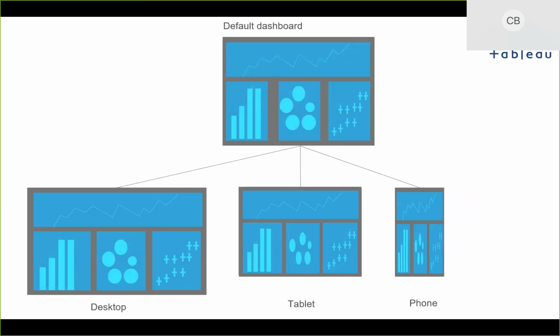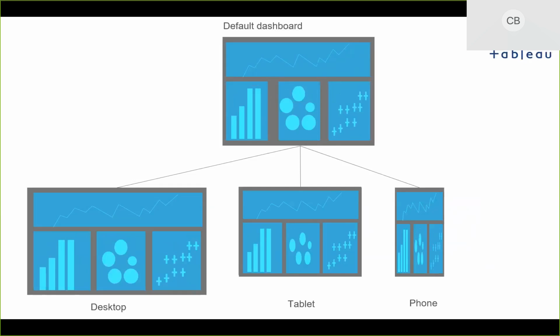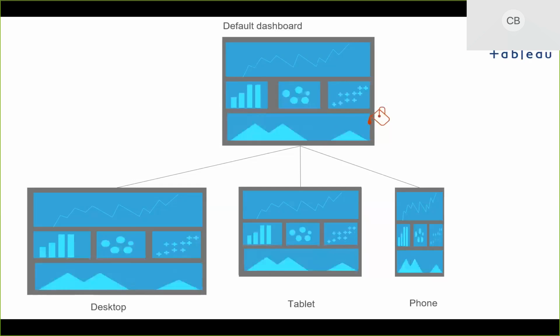And so let's talk a little bit about what the default dashboard does. First off, it controls the content, which means that if you were to remove an individual sheet from the default dashboard, it would actually remove that from all of the layouts as well. So for something to exist in a phone layout or a tablet layout or a desktop layout, it has to exist in the default dashboard layout. The second thing is it actually controls the formatting, right?